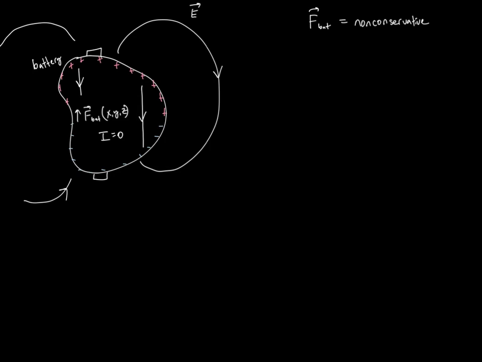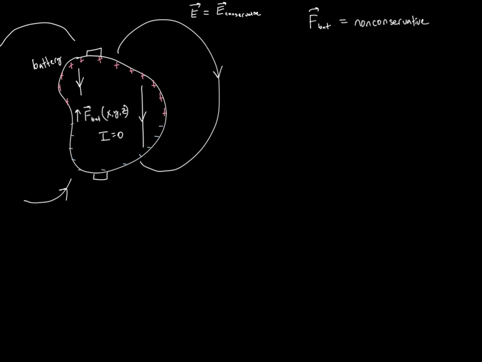And it's important to remember that outside the battery, there is no time-varying magnetic field, and the electric field is completely conservative. Good to remember. The electric field outside the battery is due only to the charge separation, and the charge separation is due to the internal force F sub bat.